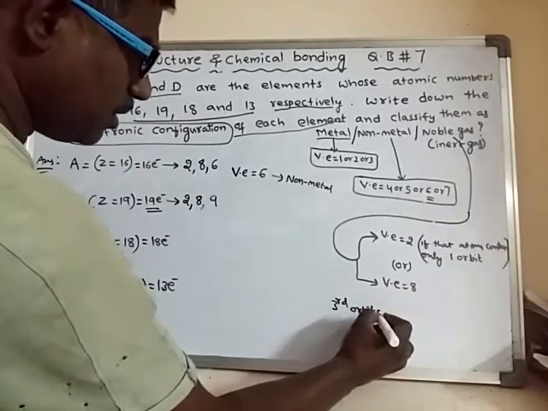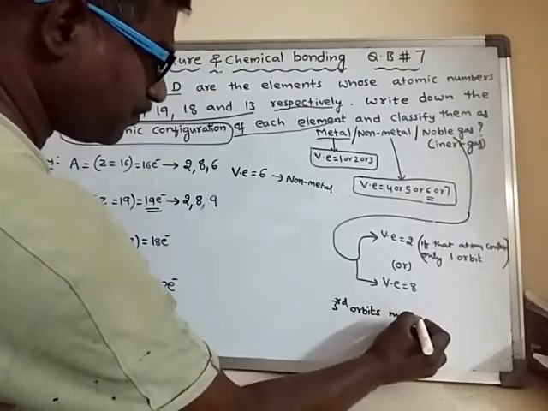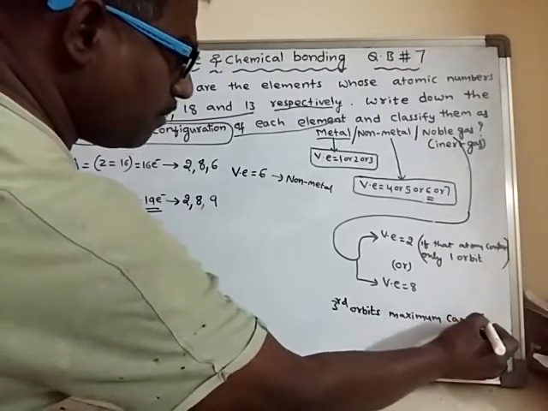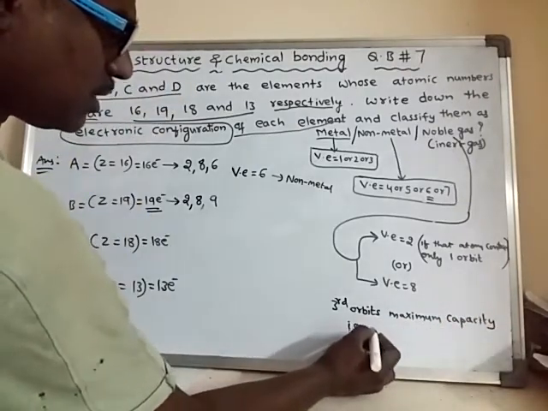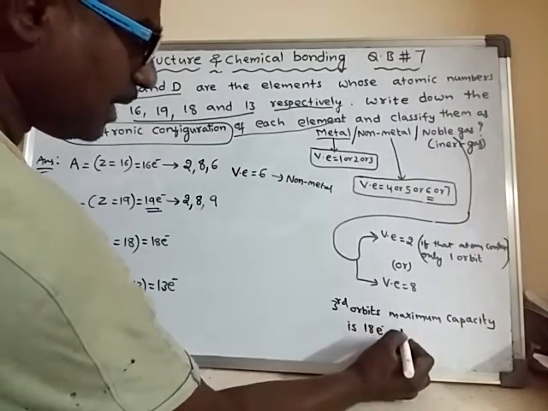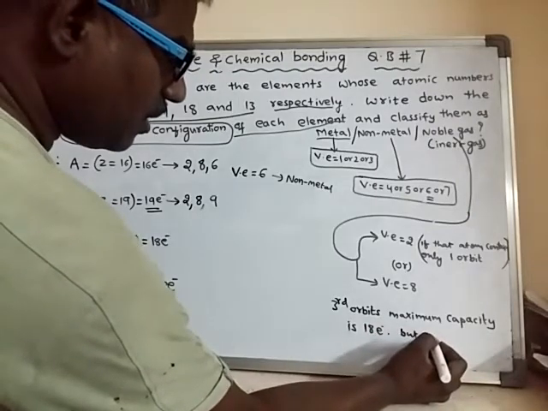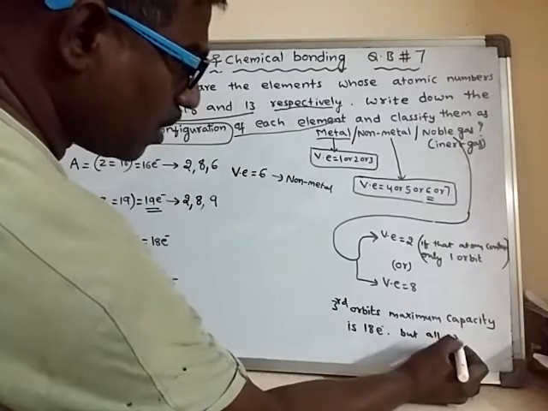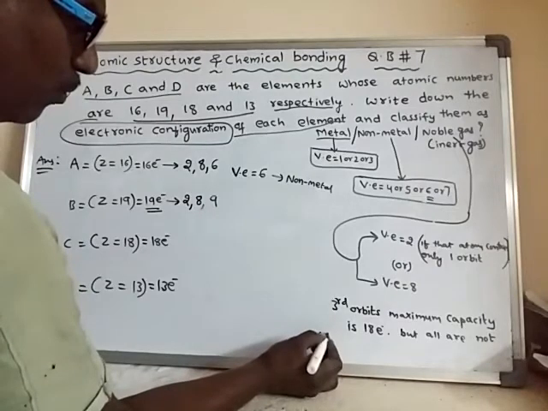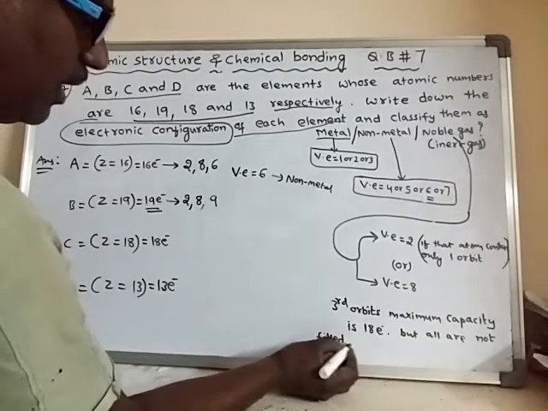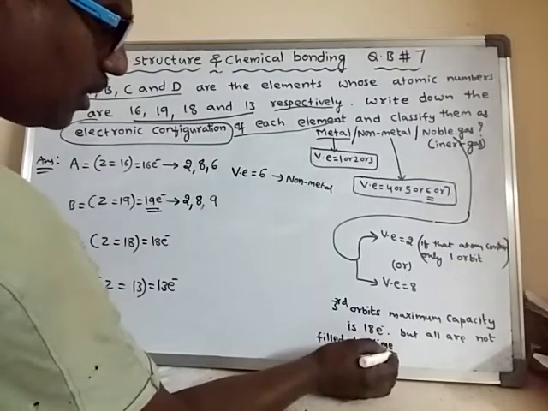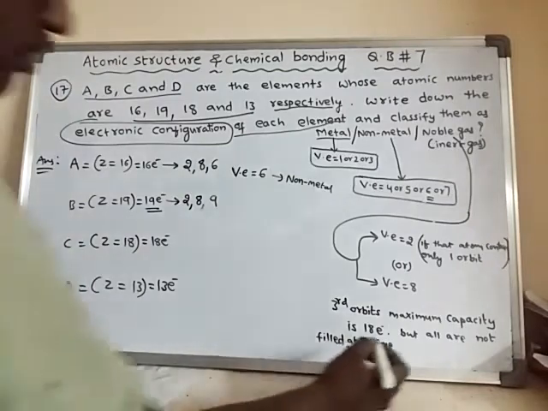The third orbit's maximum capacity is 18 electrons, but all are not filled at a time.